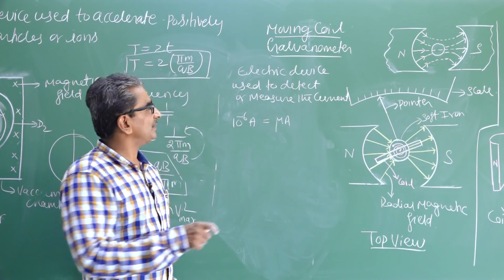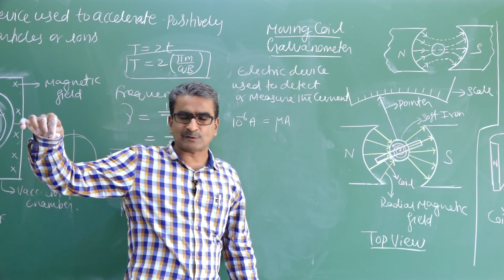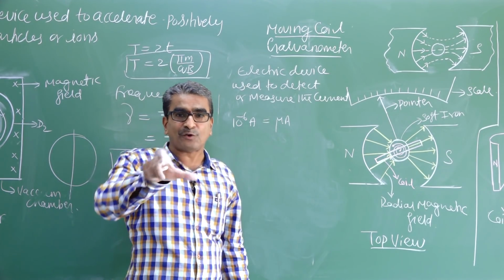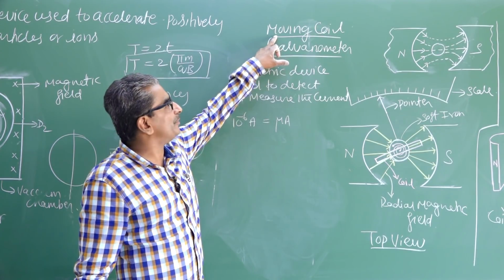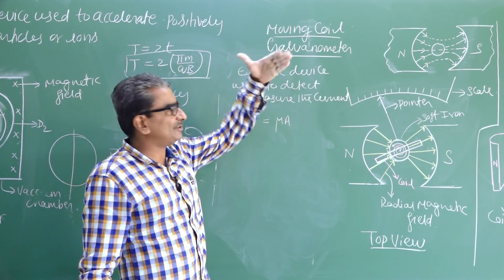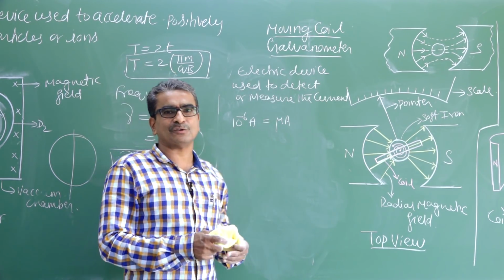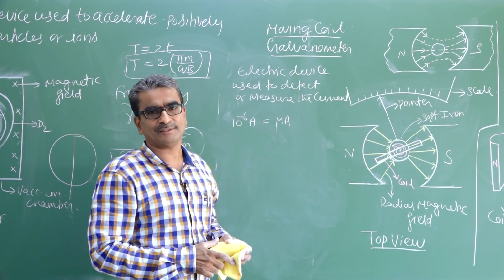Suppose in a circuit current is flowing, whether from this side to this side or from this side to this side, the direction of flow of current can also be detected by making use of the moving coil galvanometer. It is not only used to measure or detect the current, it can also be used to find the direction along which the current is flowing in a circuit.